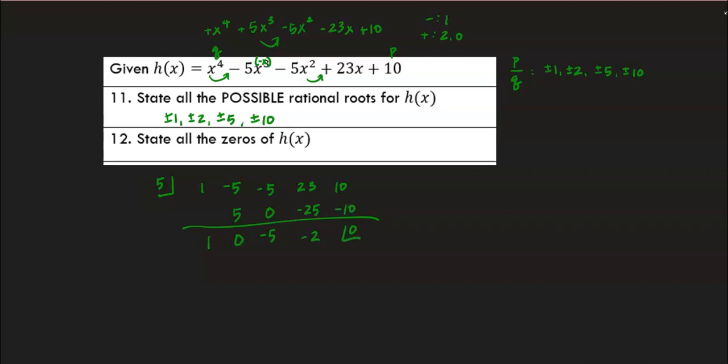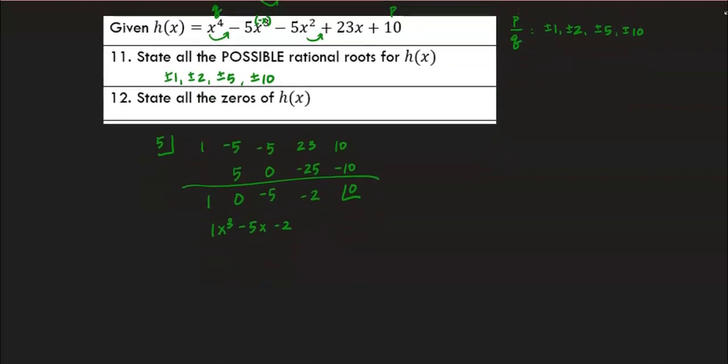Voila! So that's reduced it down to a cubic. This is x to the second, x minus 2. Okay, just like that. But we have to continue.